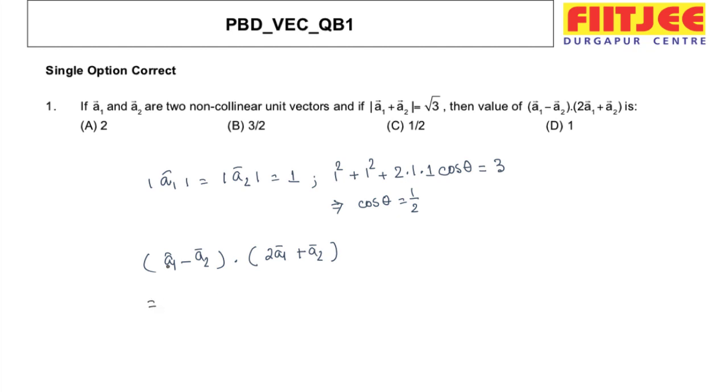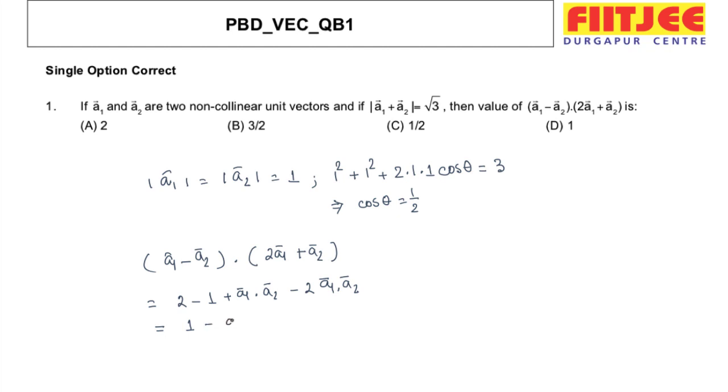So if I multiply it simply, a1 dot a1 is 1, so it is 2, and a2 dot a2 is another 1, so it is minus 1, and a1 dot 2 a2, a1 dot a2 minus a2 dot 2 a1, so it is equal to plus a1 dot a2 and minus twice a1 dot a2. So that will give you minus of a1 dot a2.